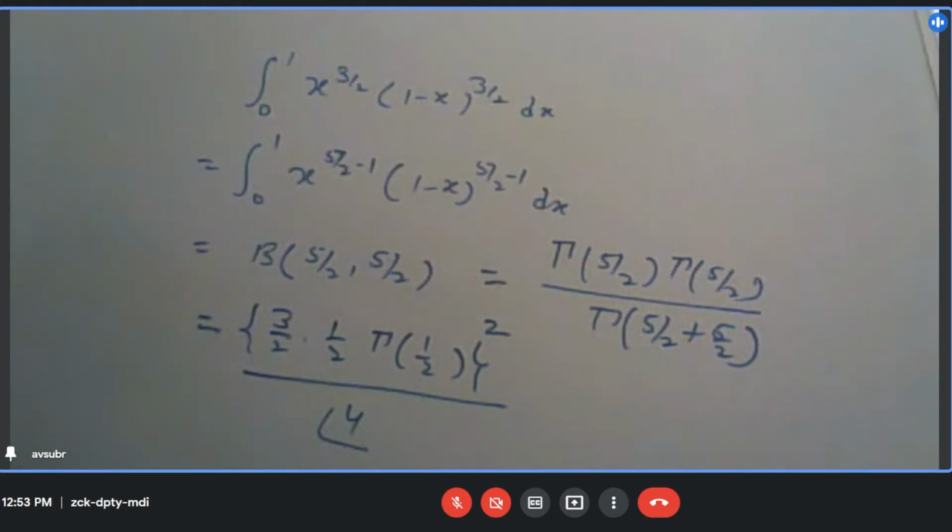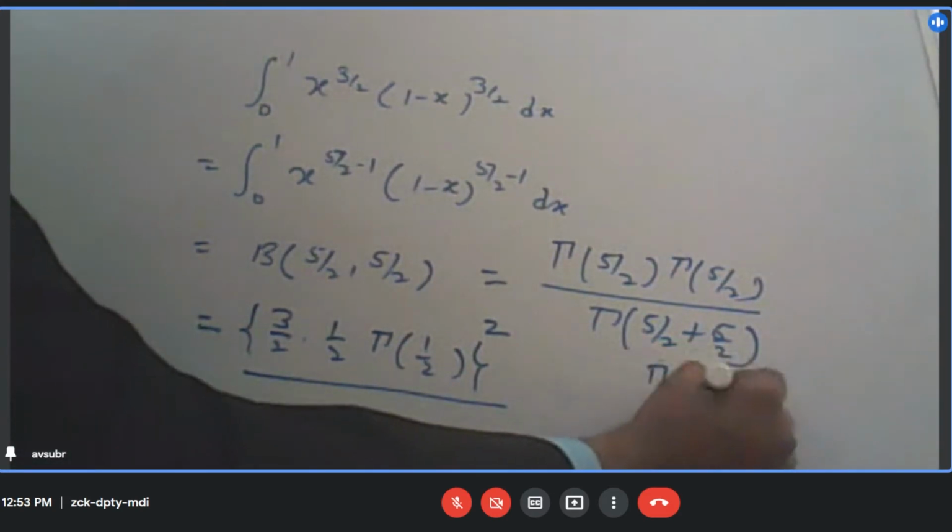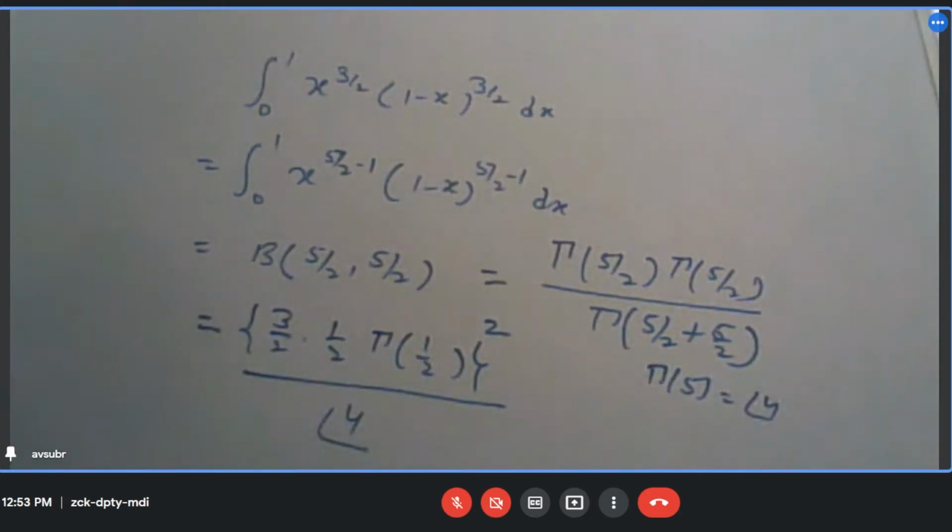Can I write it like this? Gamma 5 can be written as factorial 4. So what will be the answer? The answer will be 3 pi by 128. Is it okay?